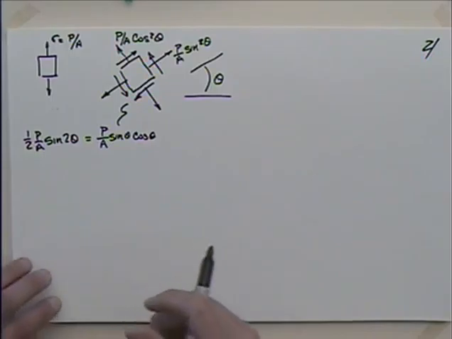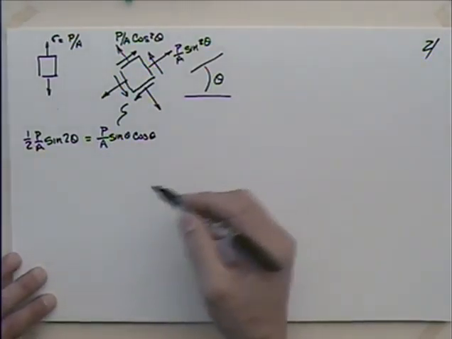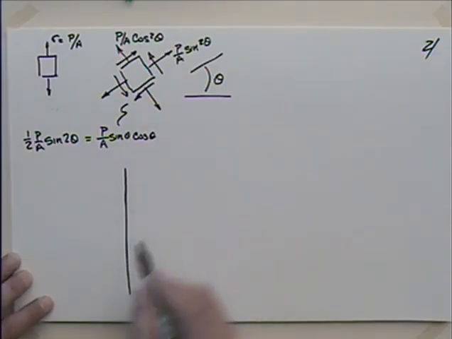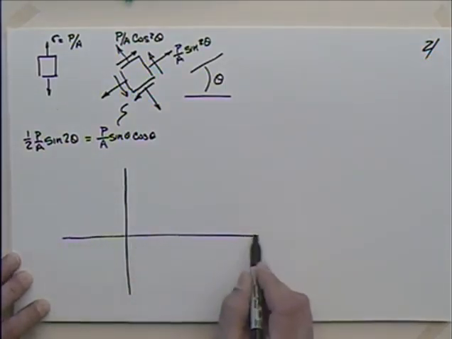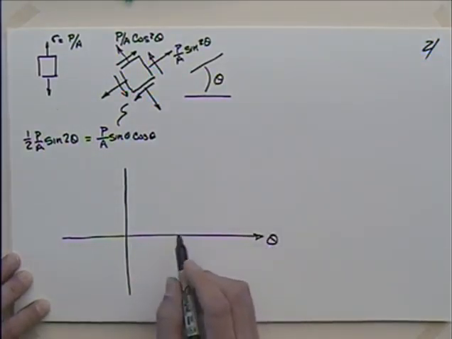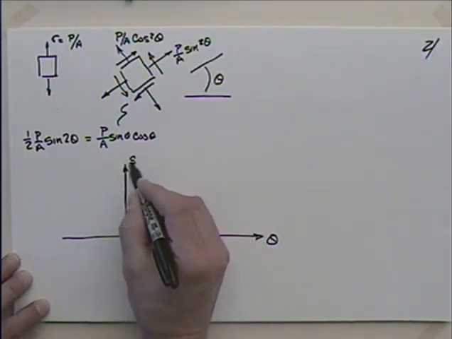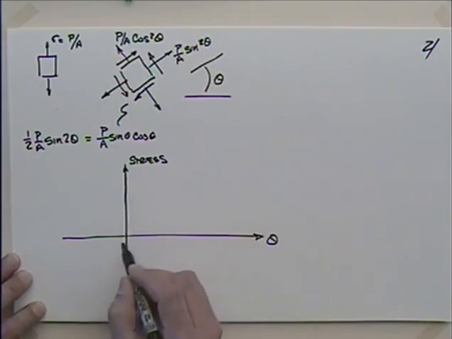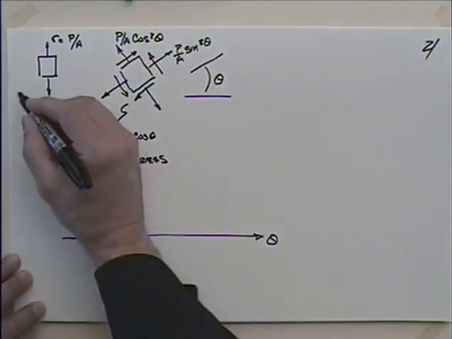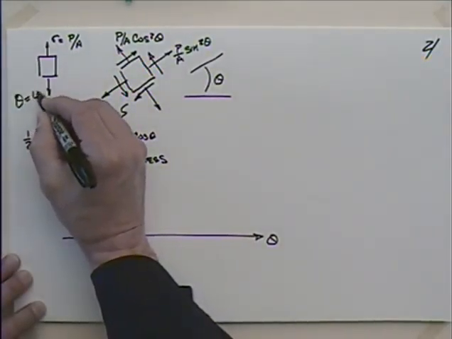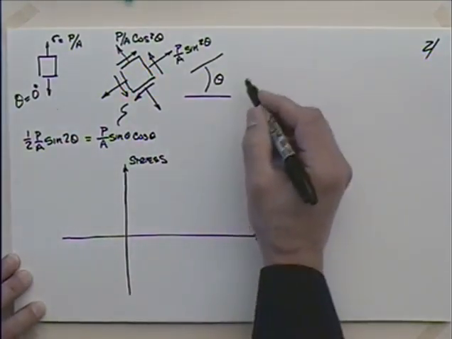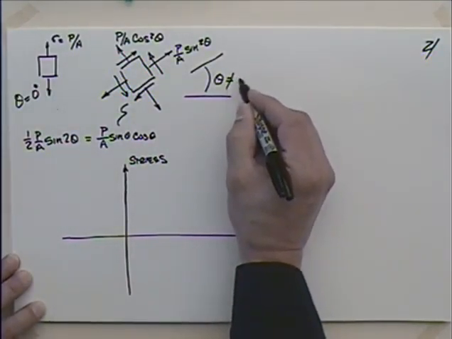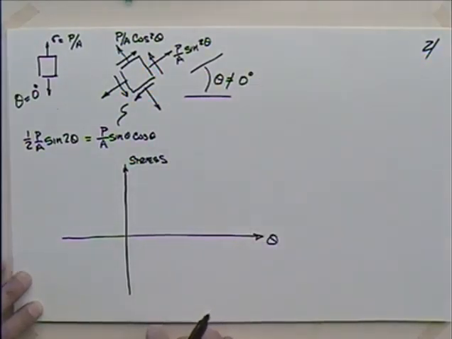Well, what I'd like to do is then look at the implications of that in terms of a graph. So let me graph these, where I have this angle theta, and I'm going to look at my stresses here. Okay, and when theta is equal to 0 degrees, this is, I guess, for lack of a better descriptor, theta is not equal to 0 degrees.